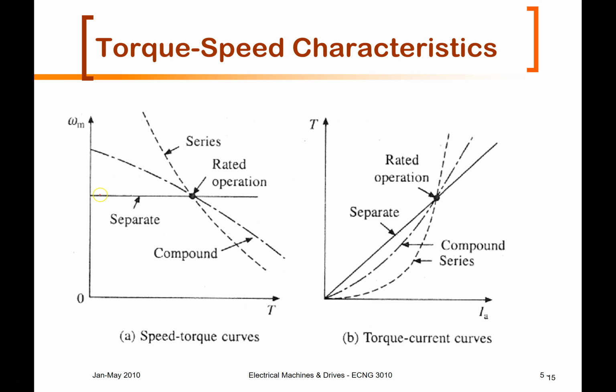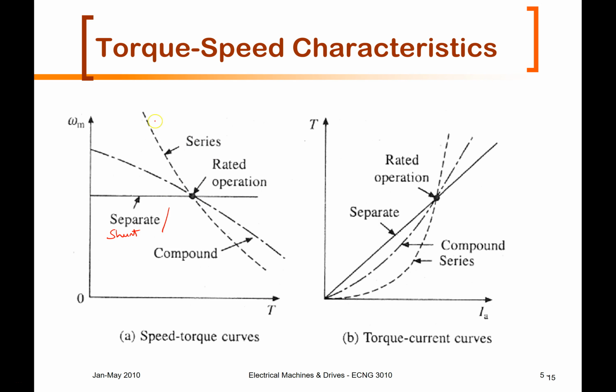For the separately excited machines as well as the shunt machines, you have a linear, almost constant characteristic. So regardless of the torque, you get a uniform speed.